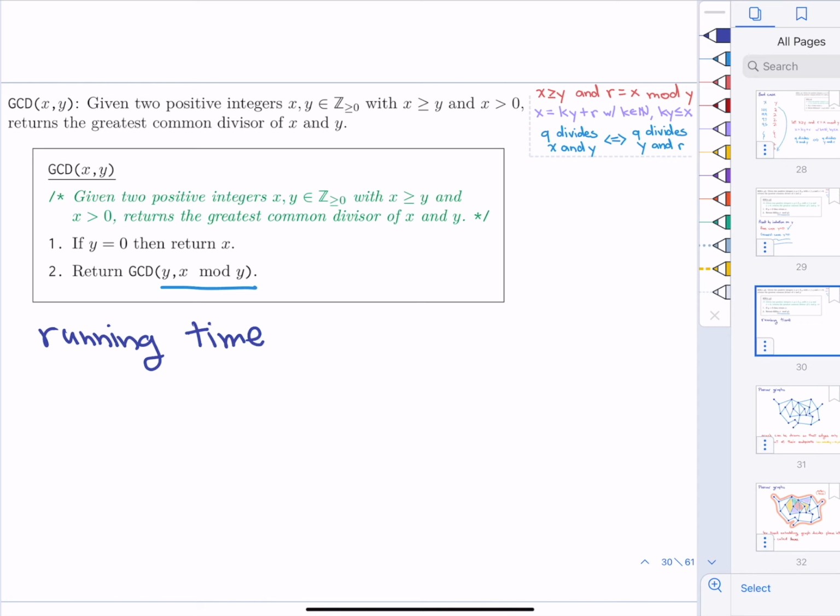But I want to argue that it's going to be much faster. For the sake of conversation, suppose that the x mod y operation takes constant time. Really, it'll take log x time if you wanted to do a bitwise operation, but I'm really interested in how many recursive subcalls there are. Does anyone see how to bound this?